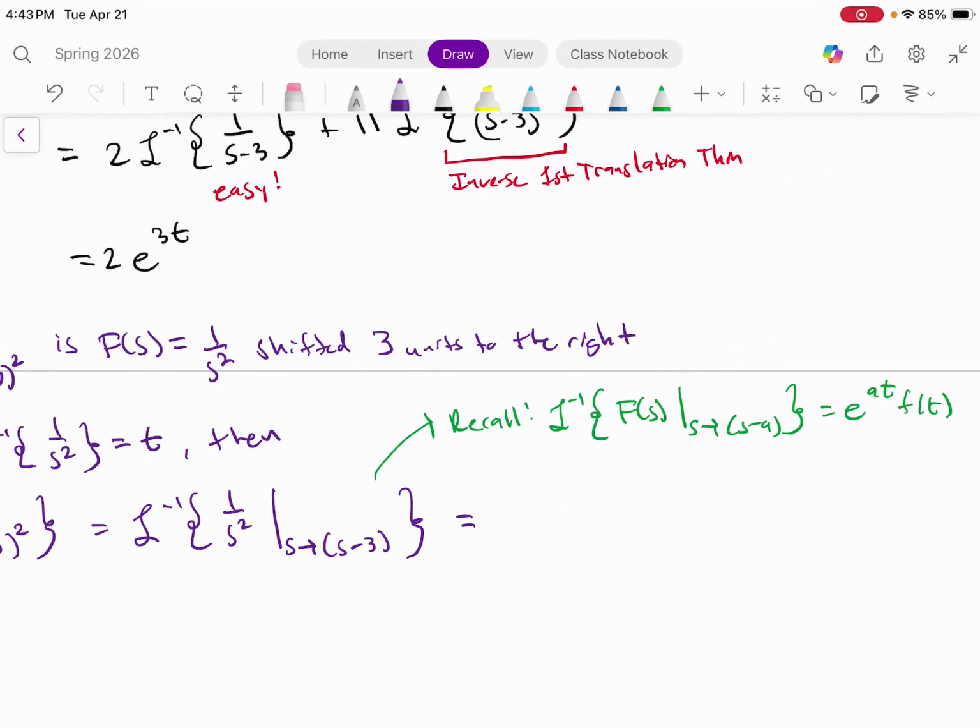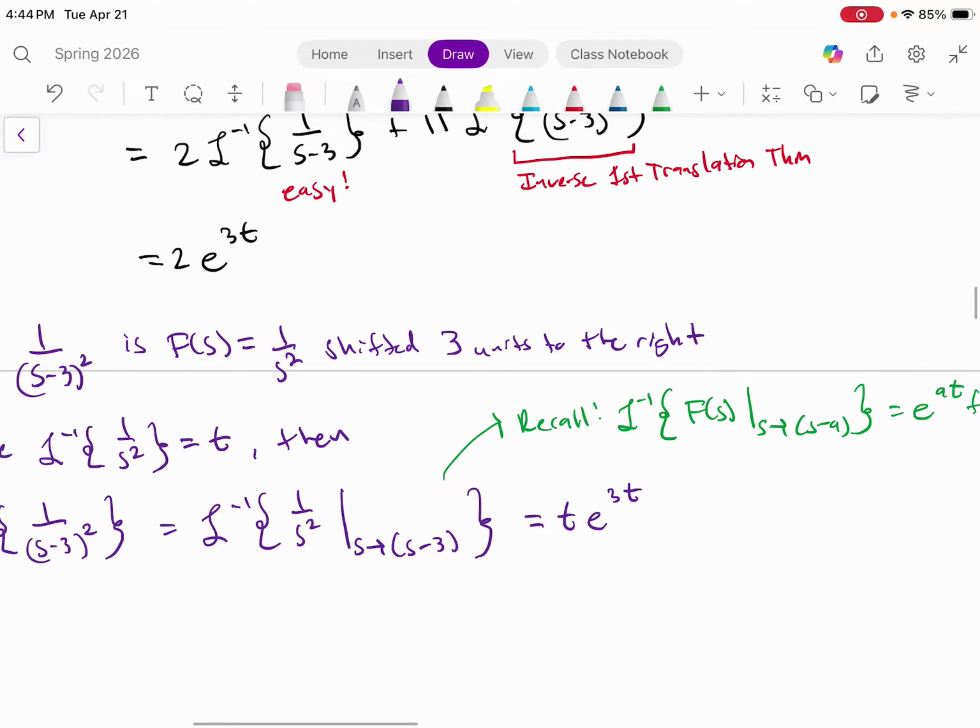This would just be t e to the 3t. Okay, that 3 is a, and 1 over s squared is that f of s.